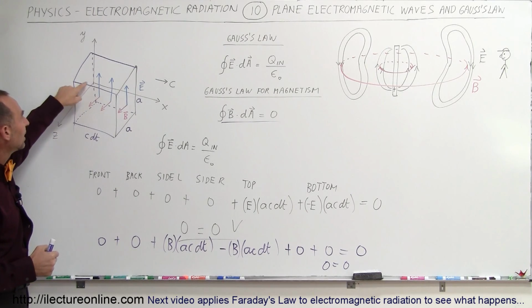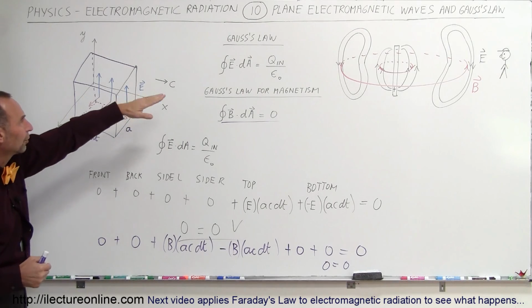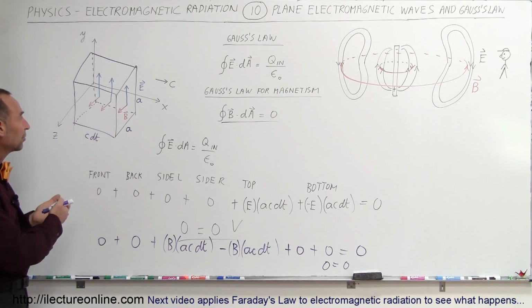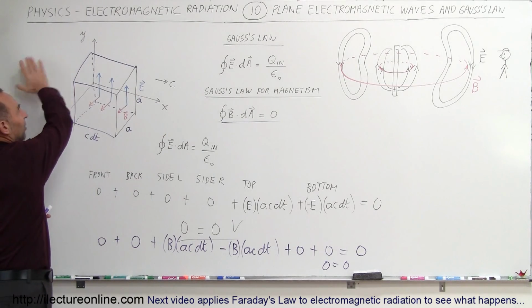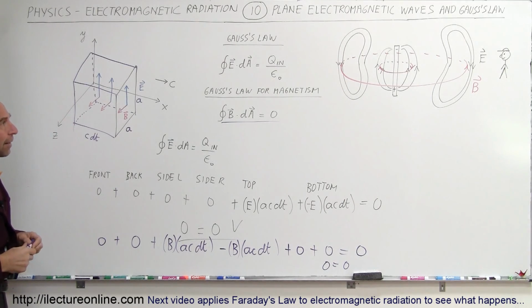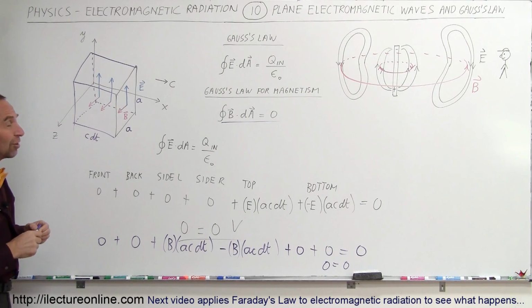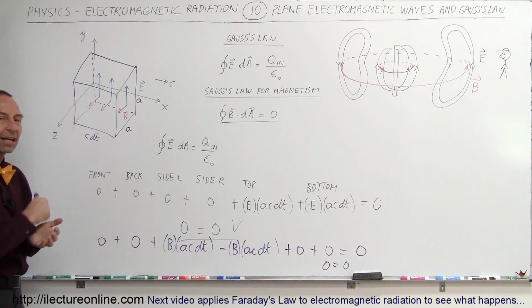And secondly, Gauss's law shows that there's no charge inside the surface, that the electromagnetic field disturbances are simply due to some source outside the box, but nothing inside the box. So no charge inside. All right, now let's go look at some of the other laws associated with Maxwell's equations, which will tell us much more about electromagnetic radiation in the next videos coming up.